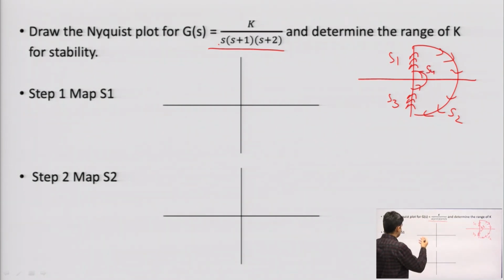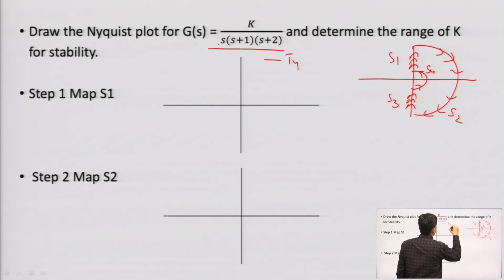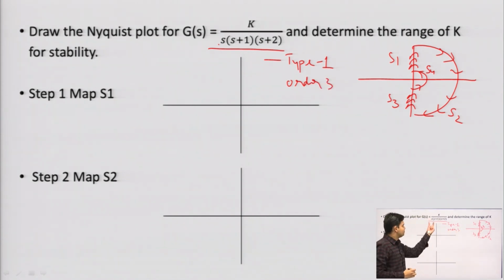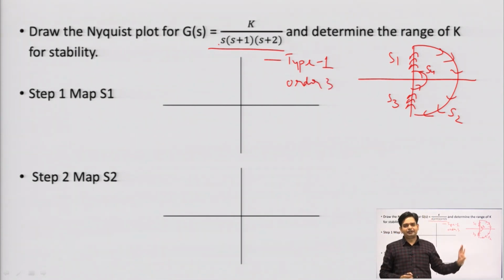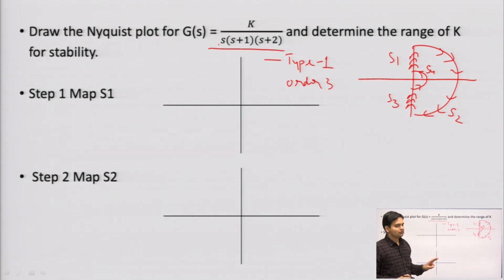Okay. So, to map S1 we can say this is type 1 and what is the order? Order is here 3. So, in that case because there is no zero and no pole lying in the right half plane, I can directly draw the polar plot from the previous lecture, you can see the polar plot lecture, you can directly draw this plot will come like this.